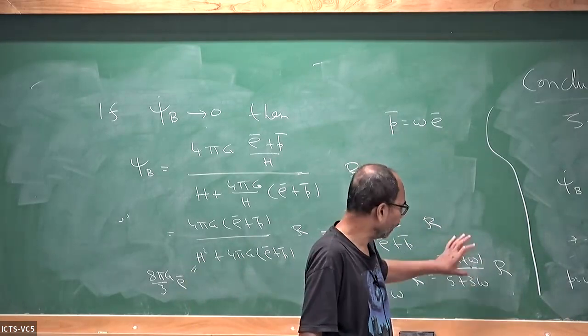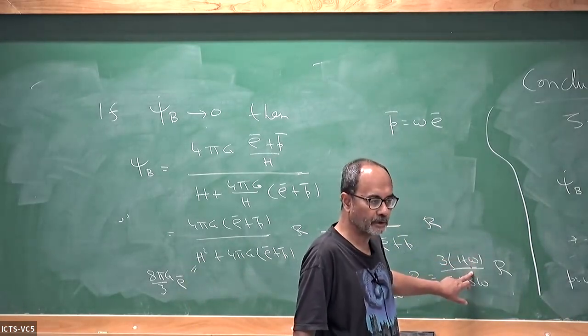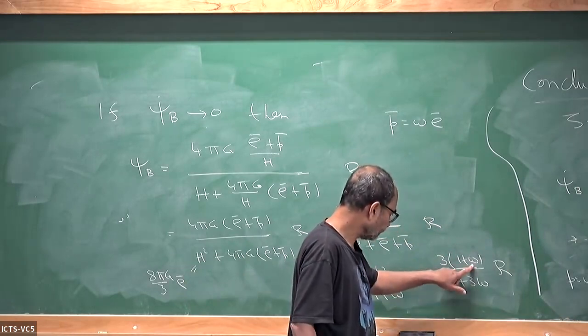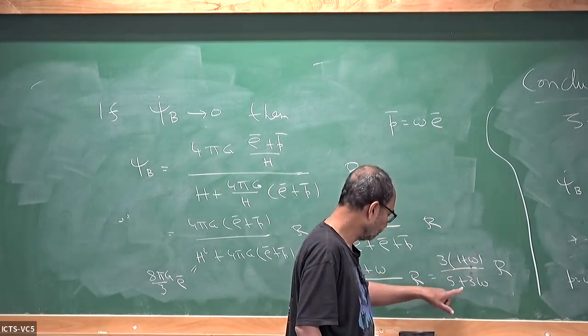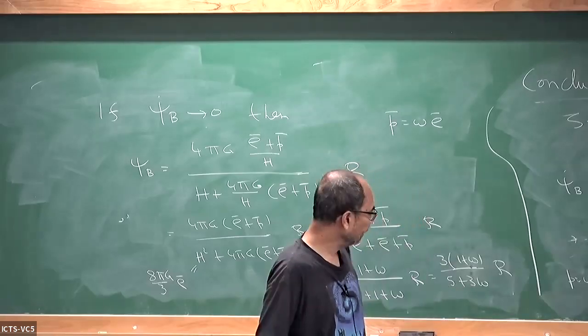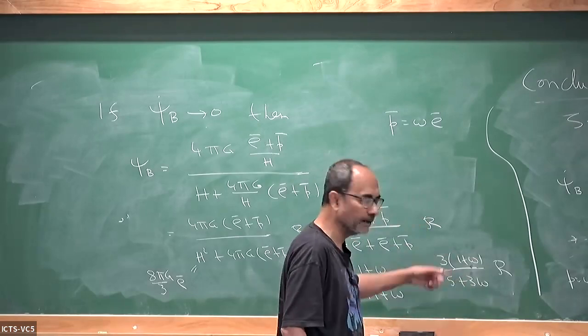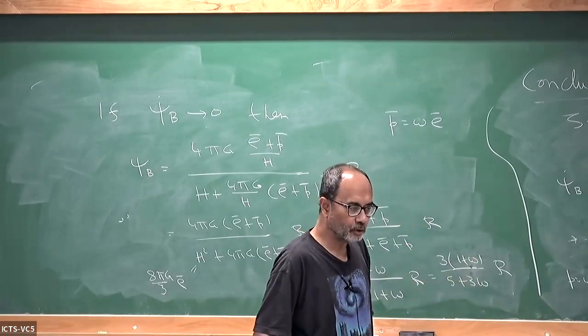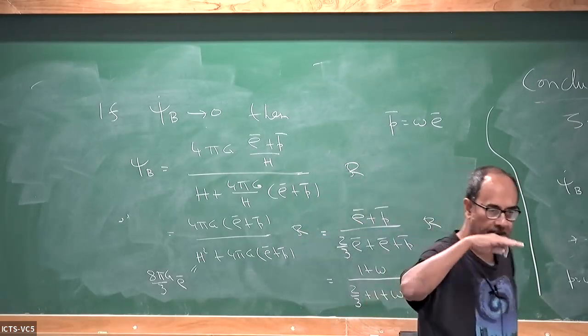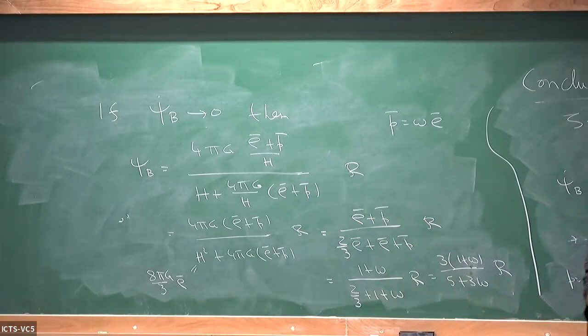In the radiation dominated era, where w is equal to 1/3, it will be like half, 4 divided by 8. In the matter dominated era, w is equal to 0, so it's 3/5. So psi b changes from era to era, but in any given era, it approaches a constant. Then once it starts getting dominated by something else, it changes and again approaches a constant, and so on.